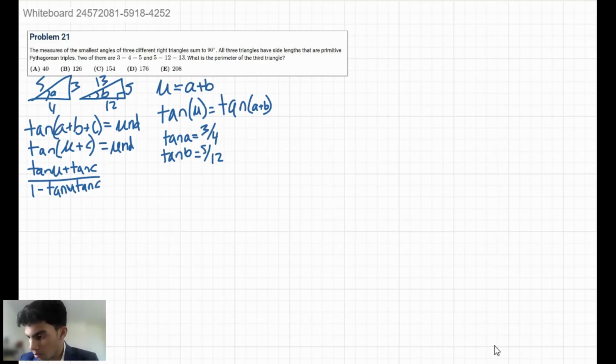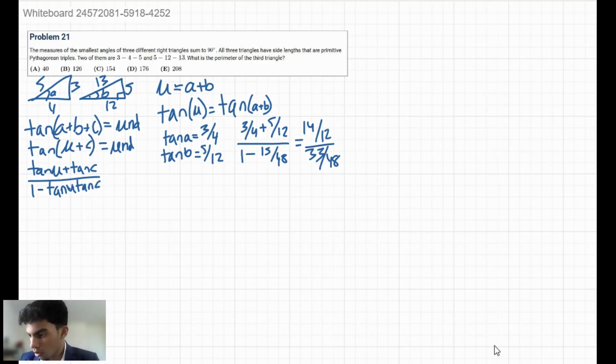So tan A plus tan B, that'd be 3 over 4 plus 5/12 over 1 minus 3/4 times 5/12, which is just 15/48. We can compute this, so this would be 14 over 12. And then this would be 33 on 48. Okay?